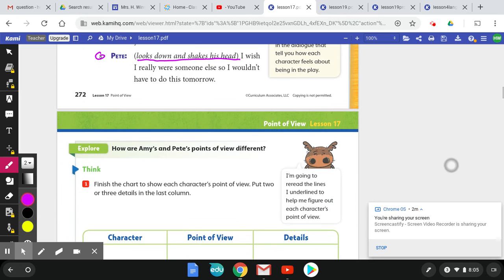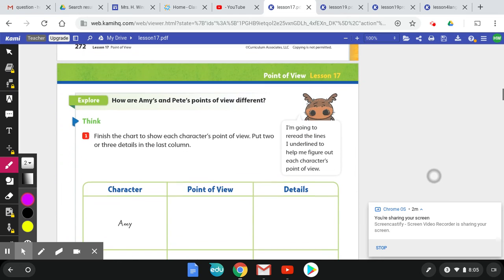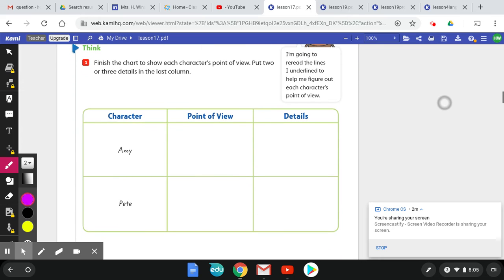Kind of funny, huh? And then if you look on the next page, on page 273, they give you another chart. And remember, in a chart, we don't have to have complete sentences, but we do need to make sure that we have a complete thought as far as your phrasing. It says finish the chart to show each character's point of view.